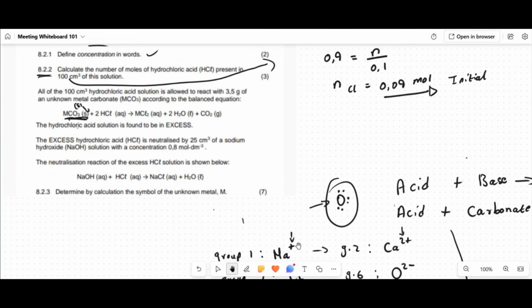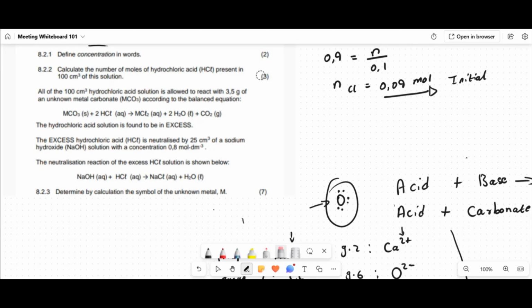And also here, let's see. This one is actually a carbonate base mixed with HCl there. So I think we will need to find out what type of metal this one is.